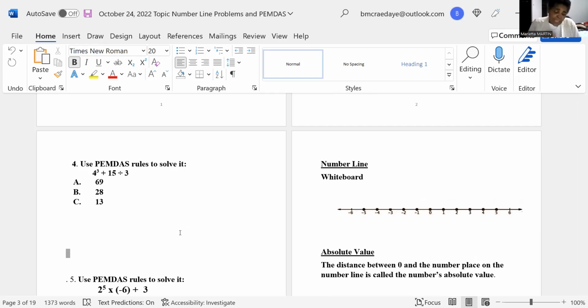I multiplied 4 times 4, which gives me 16, and I multiplied another 4 underneath the 16, which gives me 64. I divided the 15 by 3, and I got 5. I added the 64 and the 5, and I got 69. Excellent.